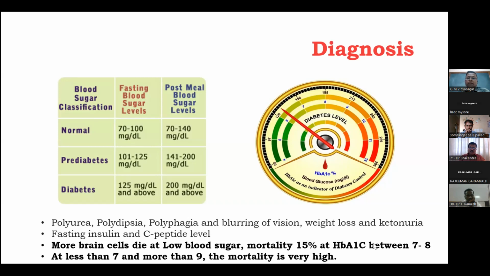So as of now, if any symptoms like polyuria, polydipsia or polyphagia are seen, then we can go to the doctor, see the situation, and have some medication or precautions.